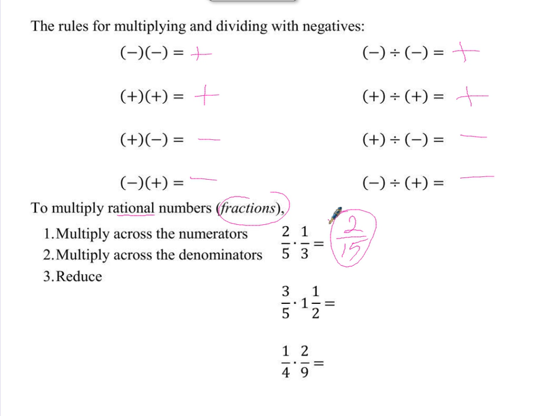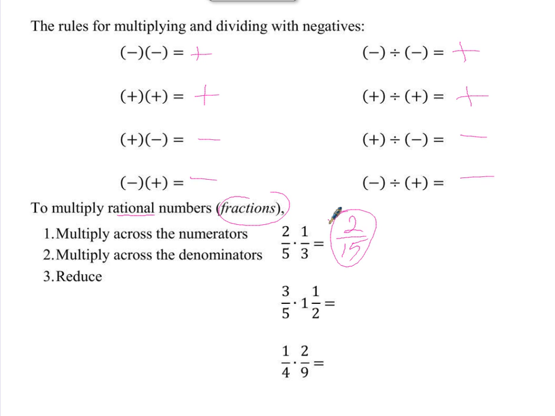Okay, we have 3/5 times 1 and 1/2. What should we do? In order to work with a mixed number, you have to change it to an improper fraction. We don't have a choice there.